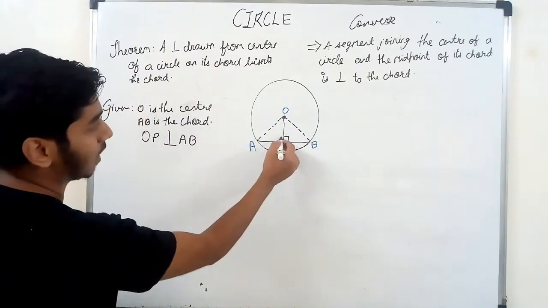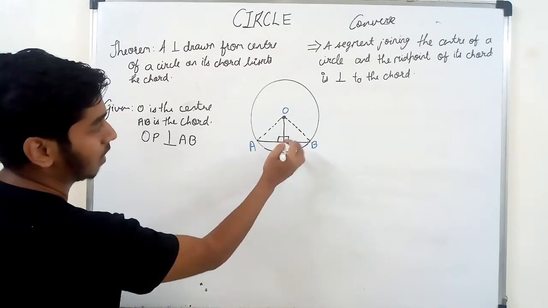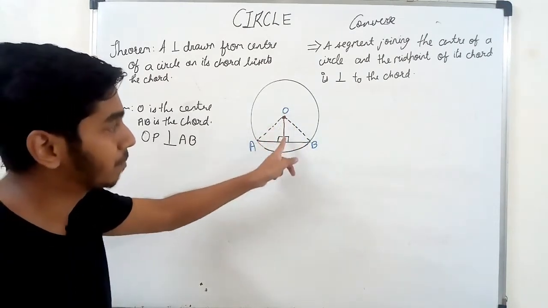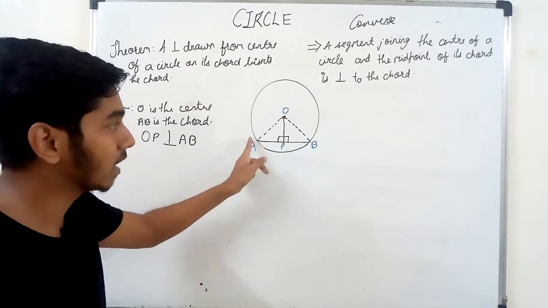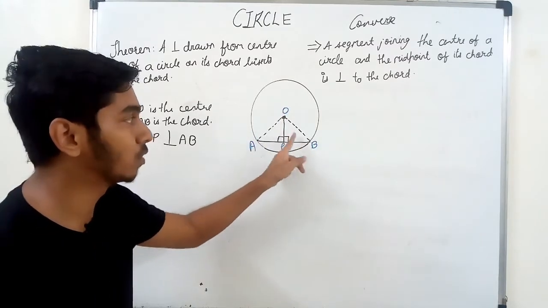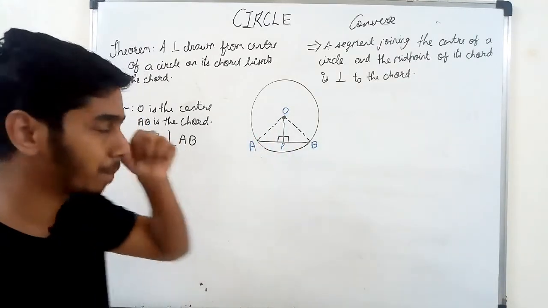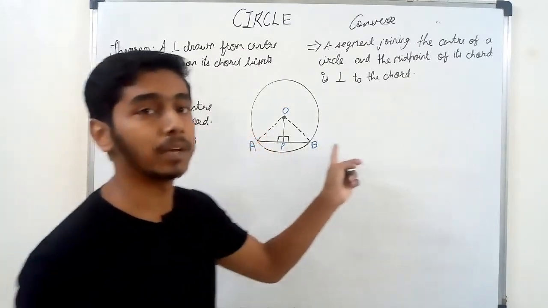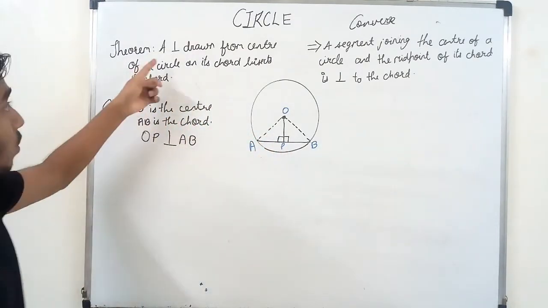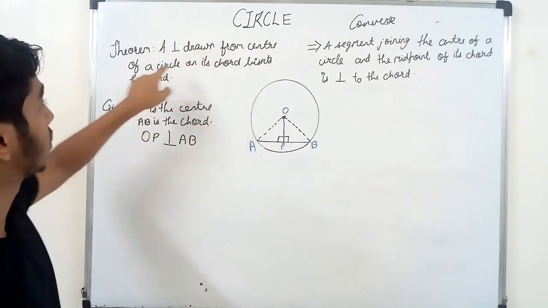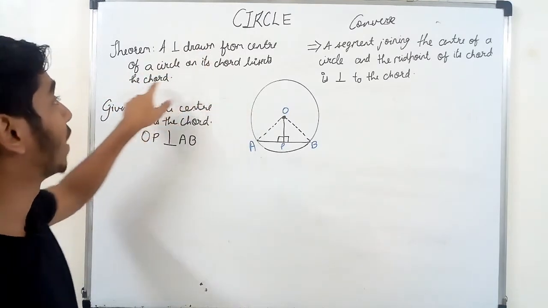So I can say that both angle OPA and angle OPB are 90 degrees each, because they are perpendicular. What are we supposed to do? A perpendicular drawn from the center of a circle on its chord bisects the chord.